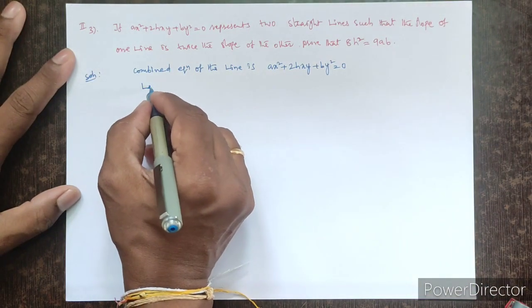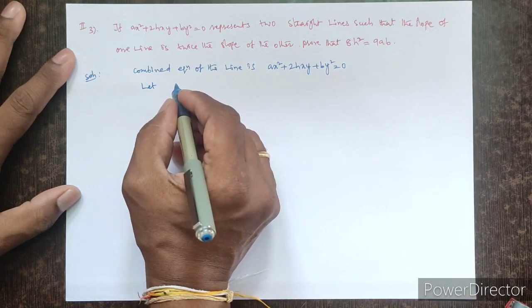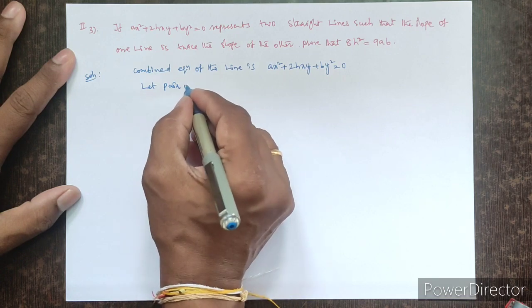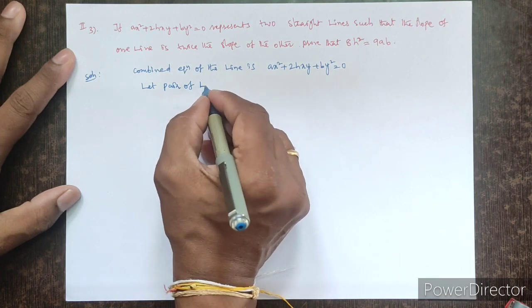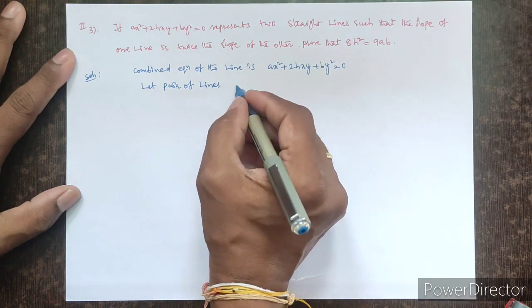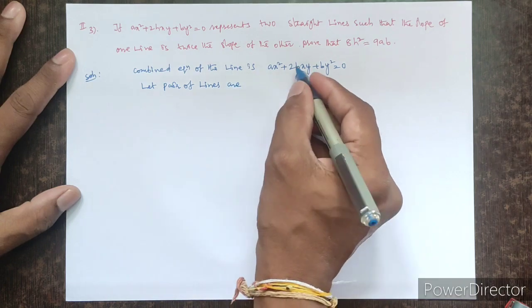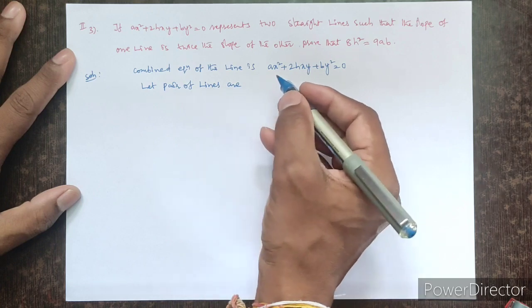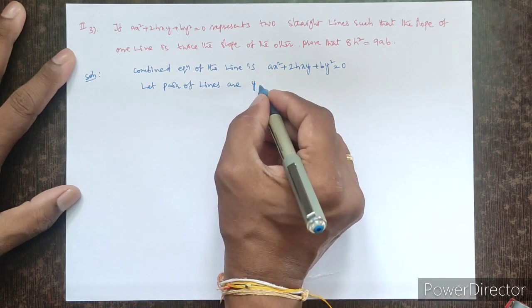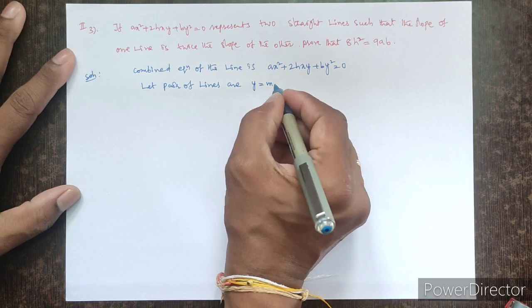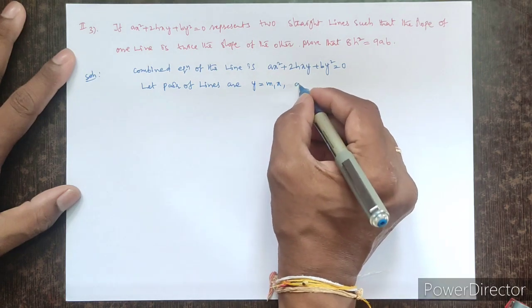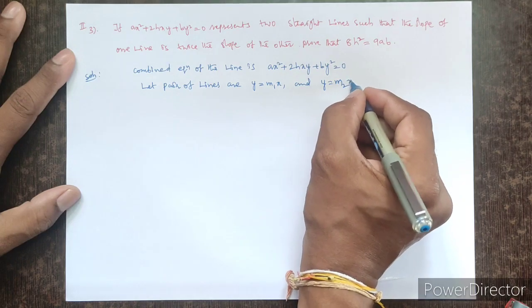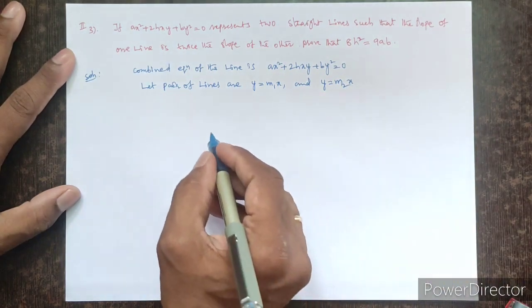Let the pair of lines represented by ax square plus 2hxy plus by square equal to 0 be, first one y equal to m1x and second line y equal to m2x.